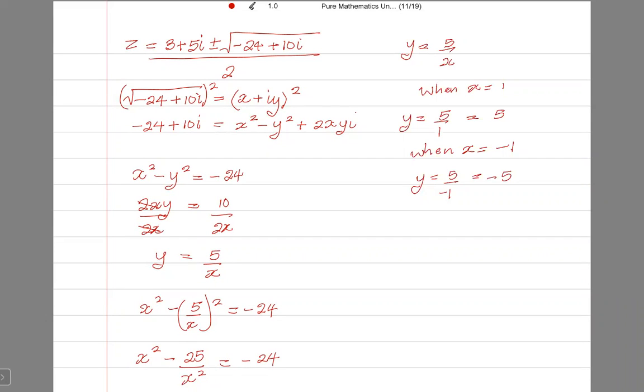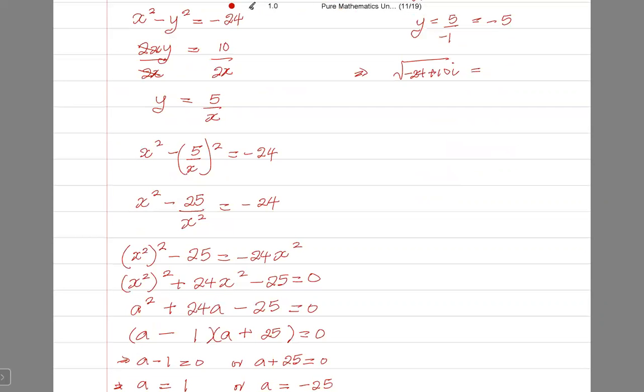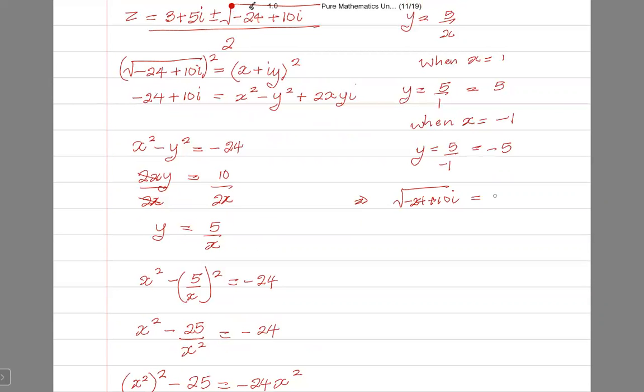So it means, therefore, that the square root of -24 plus 10i would be equal to x, which is 1, plus iy, where y is 5. So this is 5i. Ignore the negative and the positive, and I'll show you why.